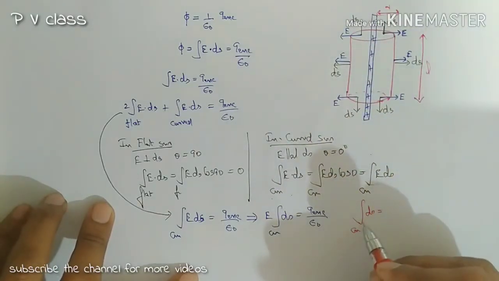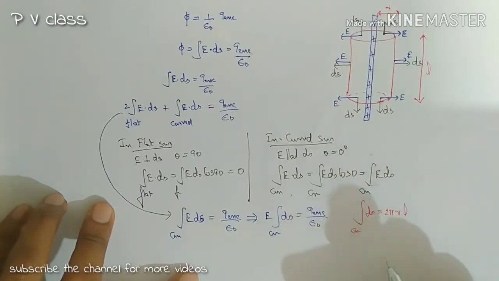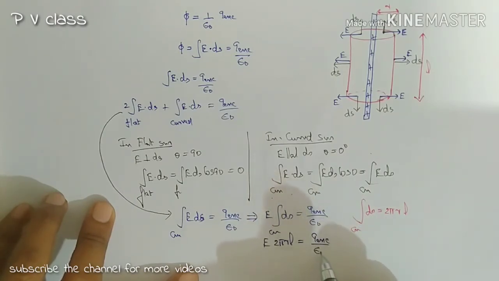Therefore, the total curved surface area, that is integral curved ds, means the total curved surface area of the cylinder, will be 2 pi r into L. Therefore, instead of curved surface integral of ds, we could write 2 pi r L. That means I could rewrite this expression as E into 2 pi r L, that is equal to Q enclosed by epsilon 0, from which I could write E is equal to Q enclosed divided by 2 pi r L epsilon 0.